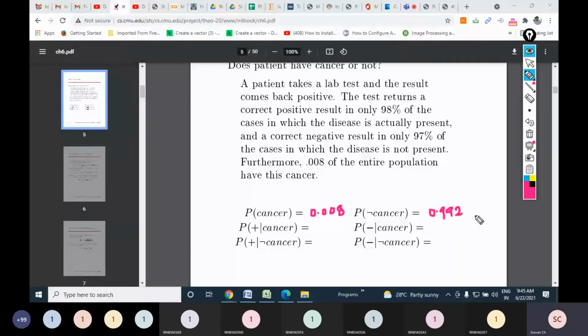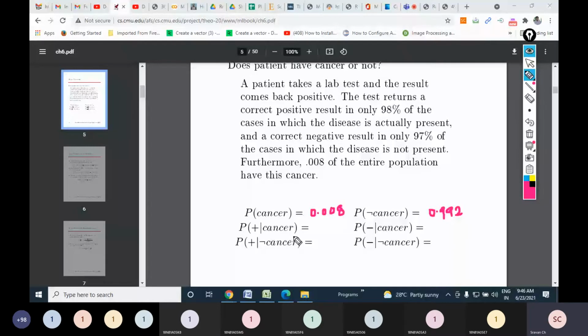Now P of plus given cancer, P of A given B kind of thing, my dear friends. The meaning of plus given cancer is: when I conduct the test, how much percentage of people are expected to have a positive result?